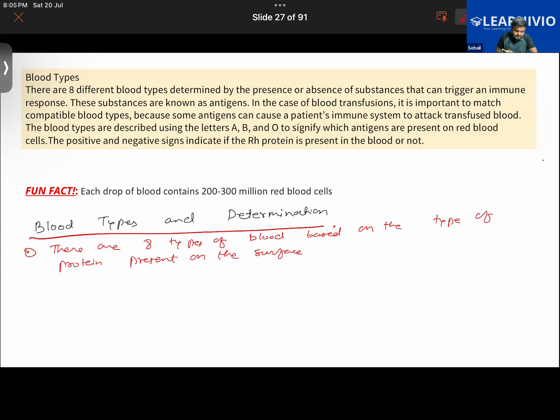So there are 8 types of blood based on the type of protein present on the surface of red blood cells.